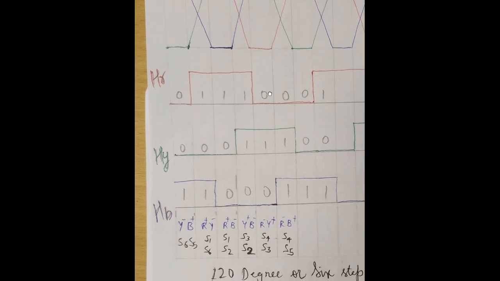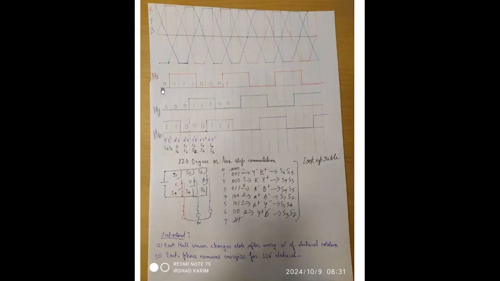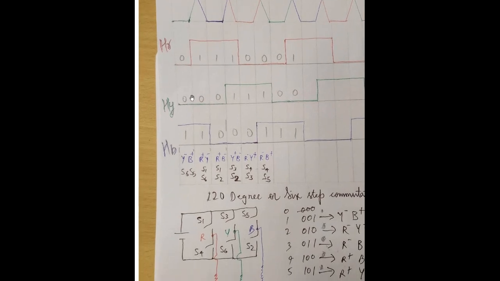In a similar context, we can see that the three Hall sensors are also phase shifted by 120 degree.